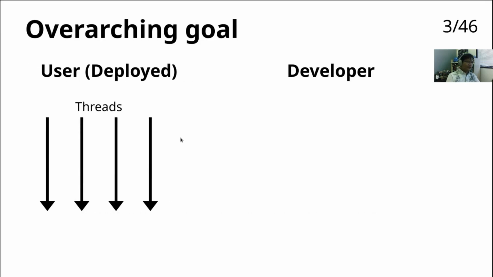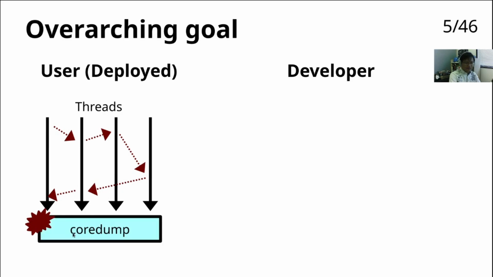We'll now explain the goal in more detail. So what is reverse debugging? Here is a concurrent program which is deployed. If a deployed concurrent program fails, it is very easy to obtain the core dump.